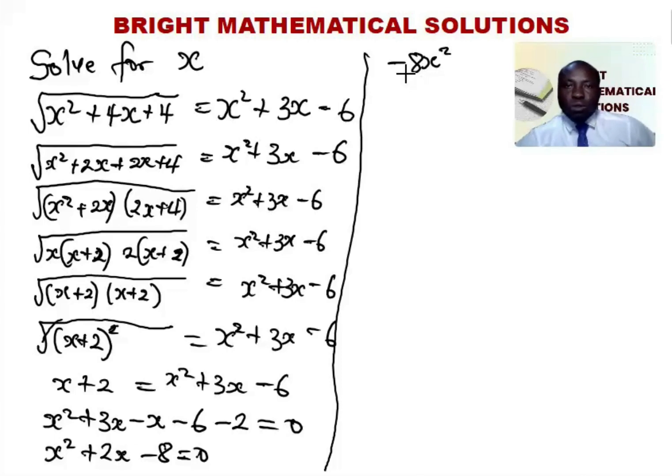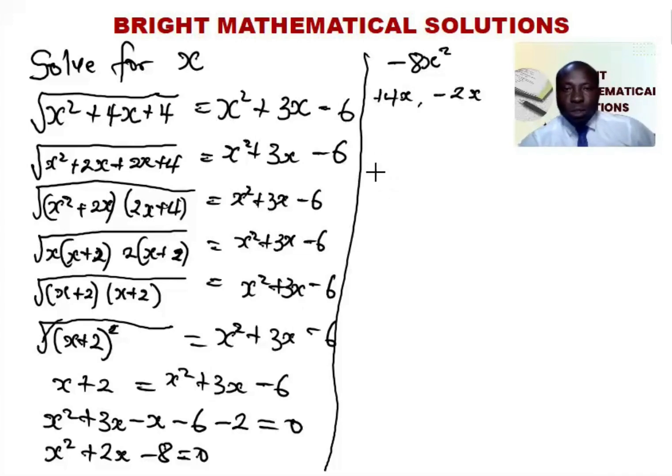If we use minus 4 and minus 2, it will not work. But if we use plus 4 and minus 2, definitely it will. So plus 4x minus 2x will give us plus 2x, and plus 4x multiplied by minus 2x will give us minus 8x squared.